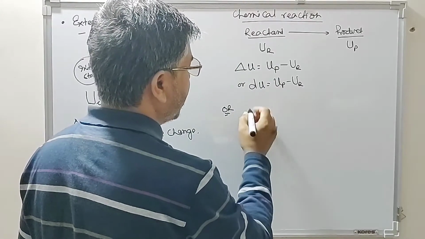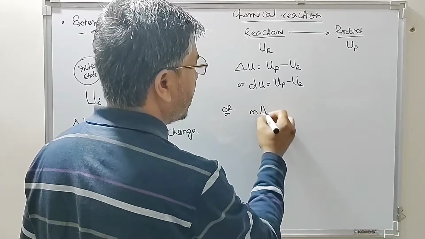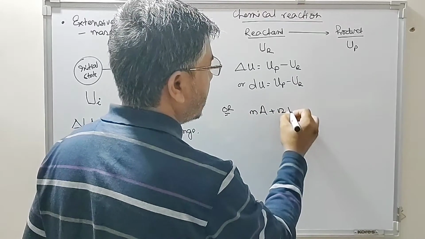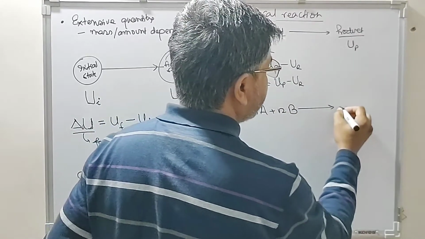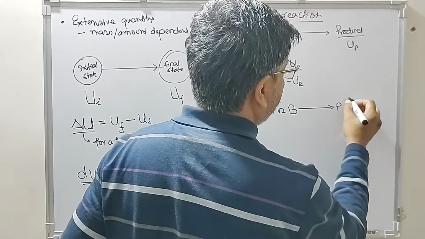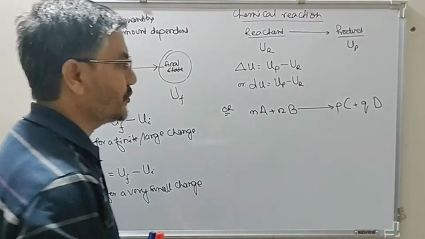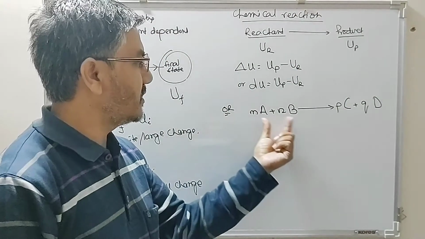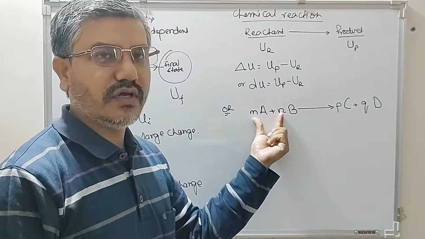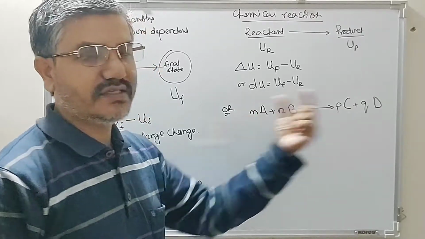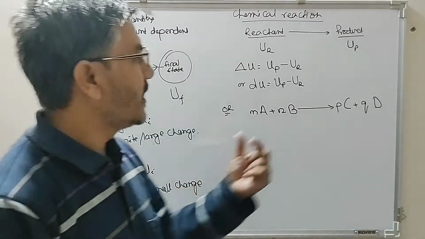suppose we have this balanced reaction, mA plus nB gives pC plus qD. Let's assume this is a balanced reaction. A and B are the reactants, m and n are the moles of A and B undergoing the chemical reaction.